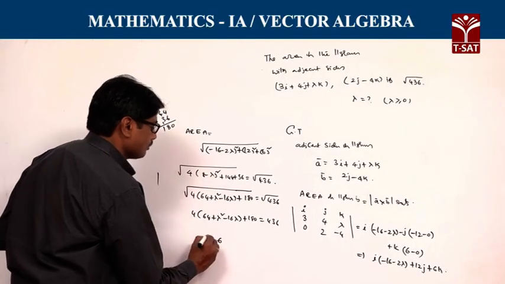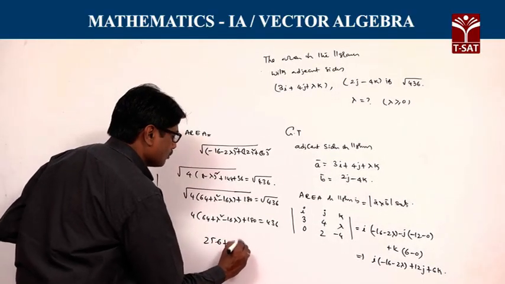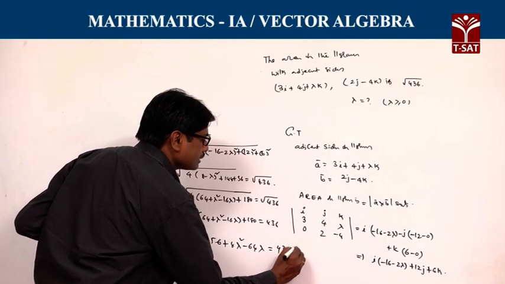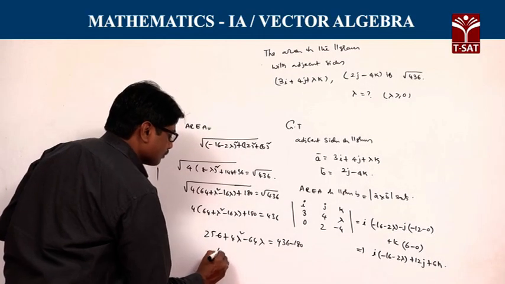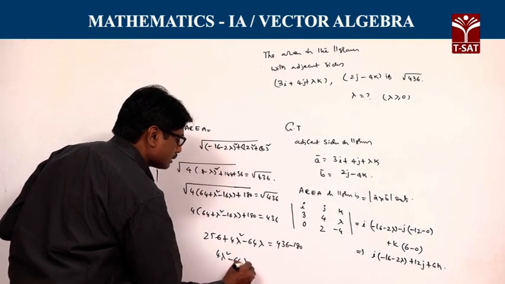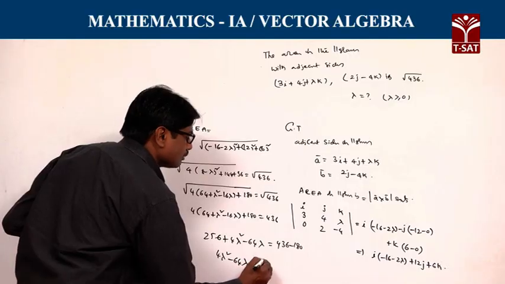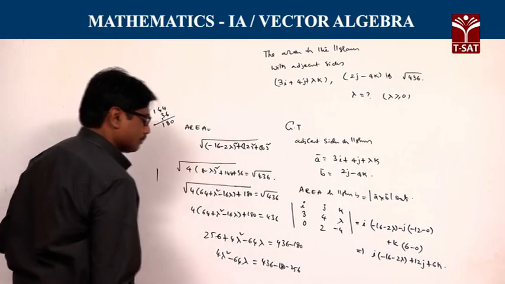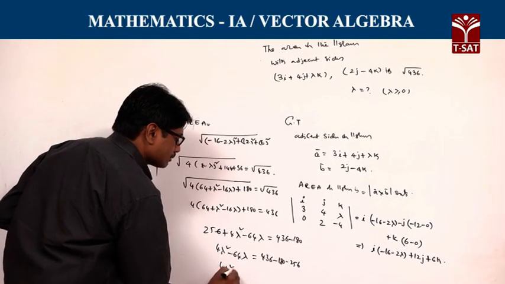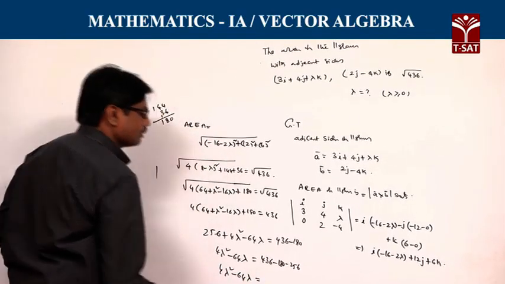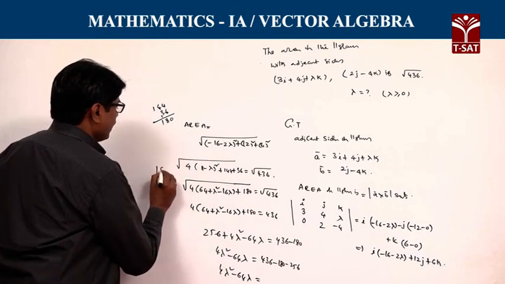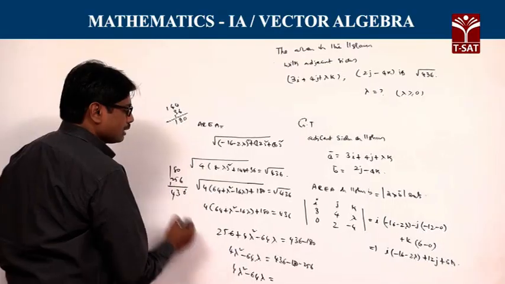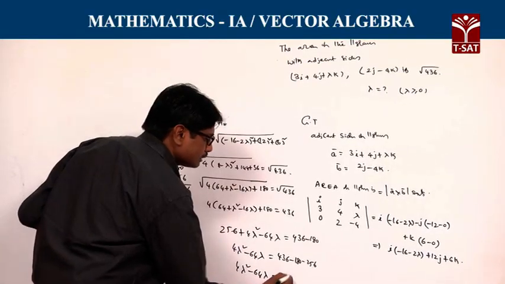256 plus 4 lambda square minus 64 lambda is equal to 436 minus 180, which gives 4 lambda square minus 64 lambda is equal to 436 minus 180 minus 256, which is zero.